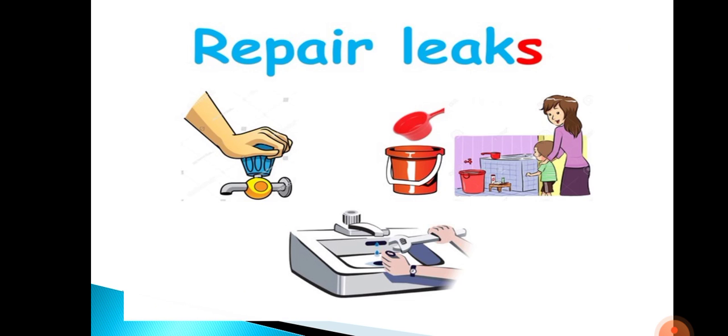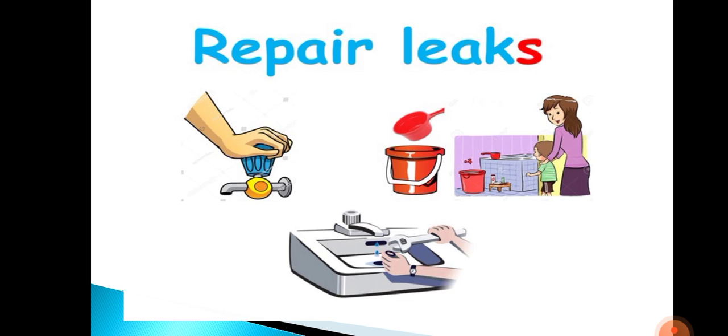And whenever we see that any pipe is leaking or broken, we should repair it so that the water doesn't get wasted. Or we can also use buckets for taking a shower rather than using the shower.